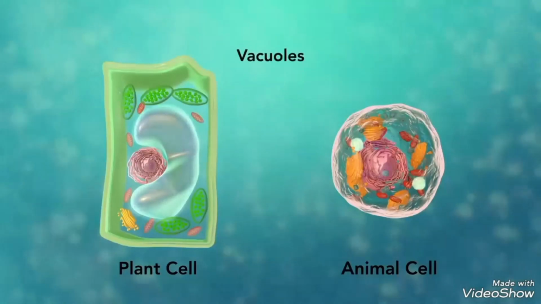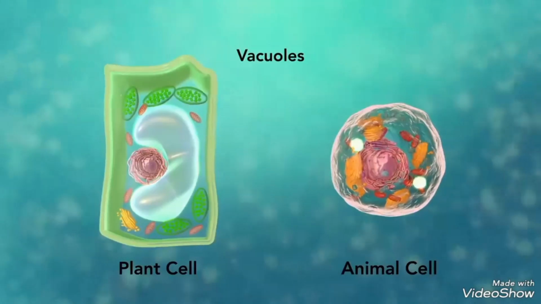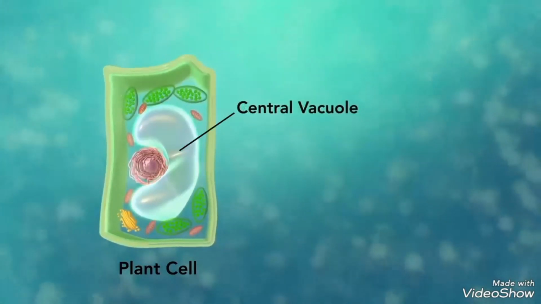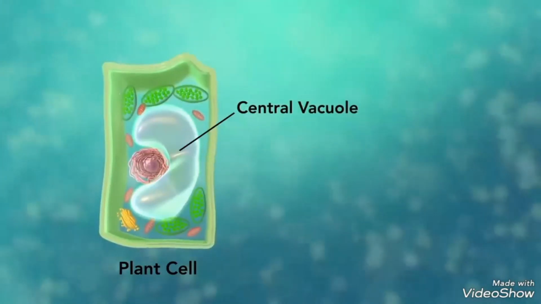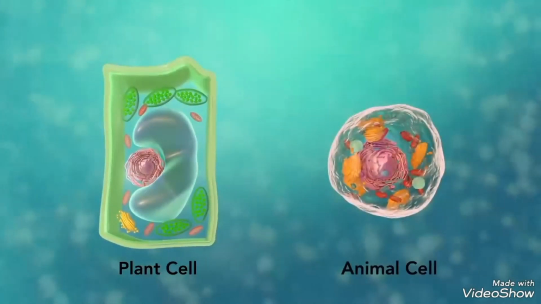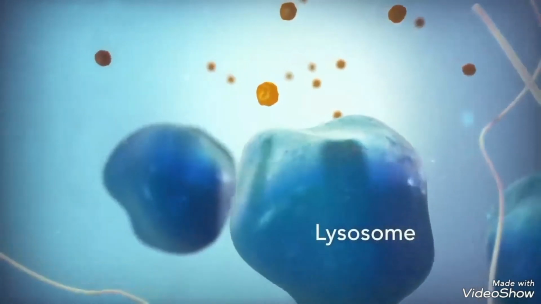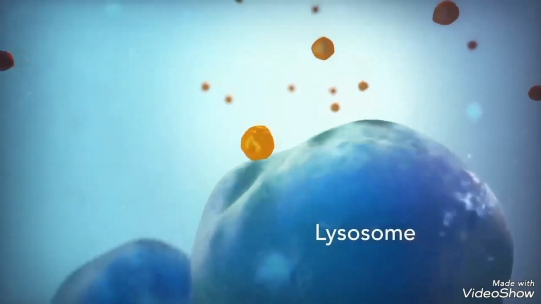And there are also some other organelles you have studied in previous classes, called vacuoles. And in human body cells we have a specialized structure, the lysosomes.